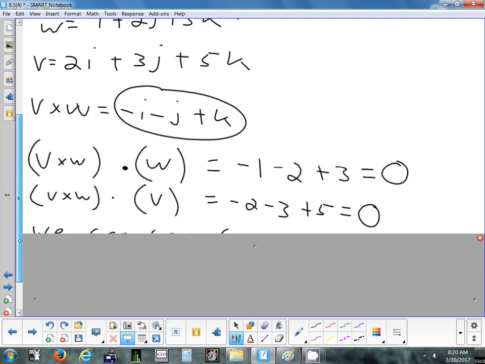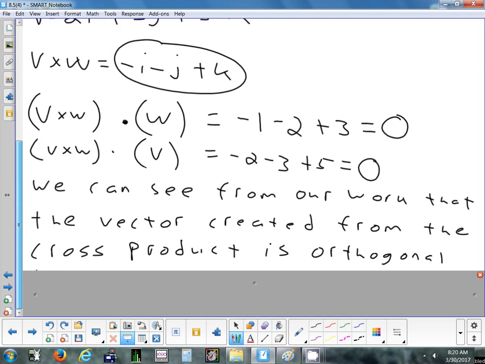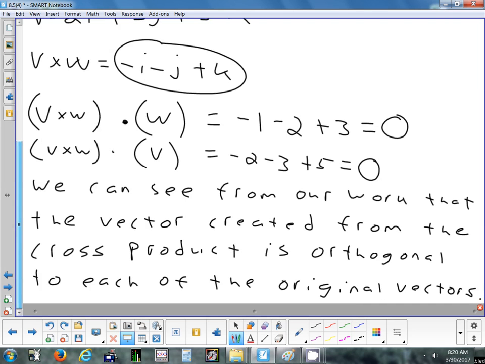So what that shows us is that the vector that you get from doing the cross product is perpendicular or orthogonal to each of the original vectors. Always, yep. So anytime you take two vectors and find a cross product, the answer that you get is perpendicular to the two original.